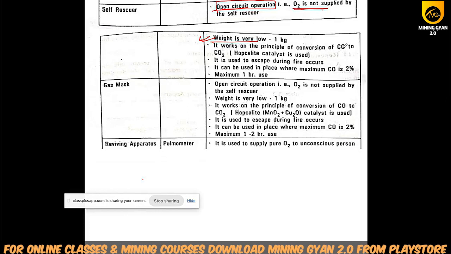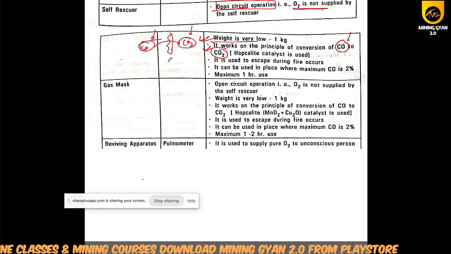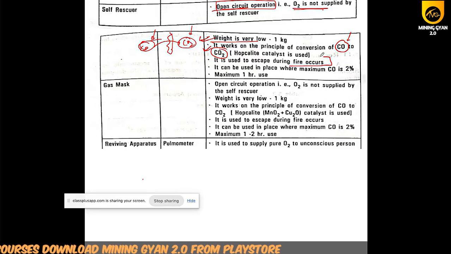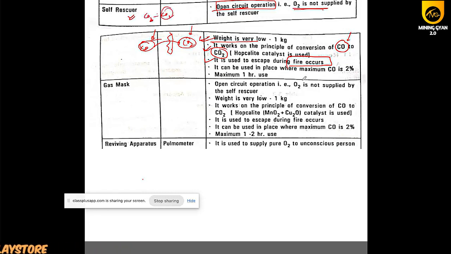It works on the principle of converting carbon monoxide to carbon dioxide. So if carbon monoxide is present in the environment, then you use the self-rescuer, and it will convert CO to CO2, and CO2 is not as harmful as carbon monoxide. It is used to escape during a fire. So if there is a fire in any environment, you use the self-rescuer, it will convert CO into CO2, and you can come out of that environment.